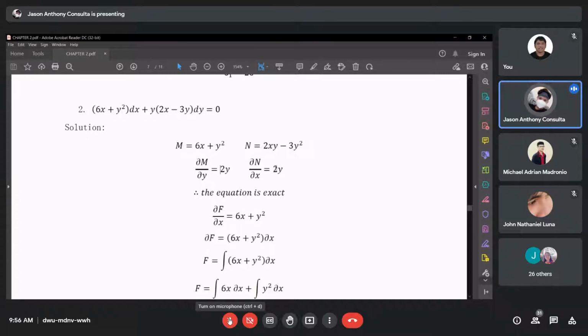If the answers are the same, the equation is exact. Once the equation is exact, find the differential of f with respect to x, which is equal to m. So as not to get confused, always solve m first.